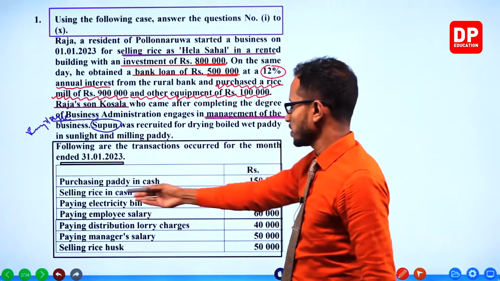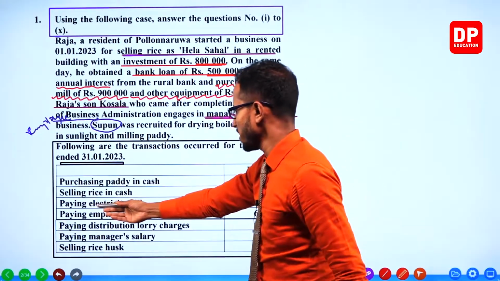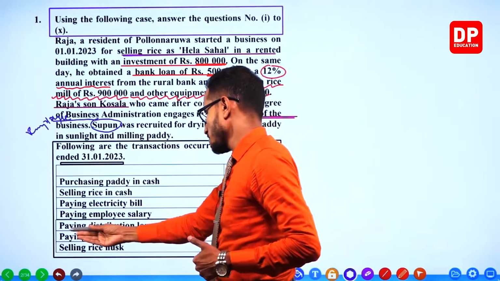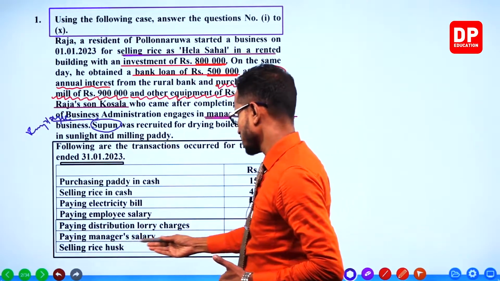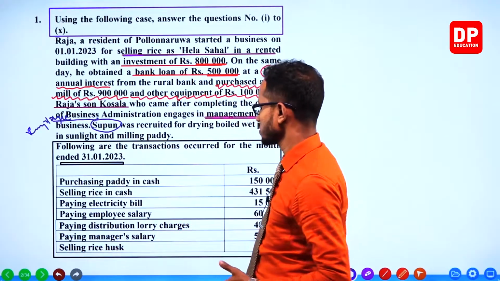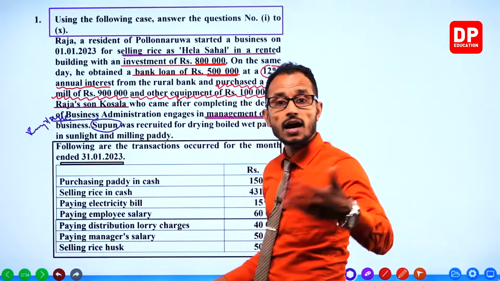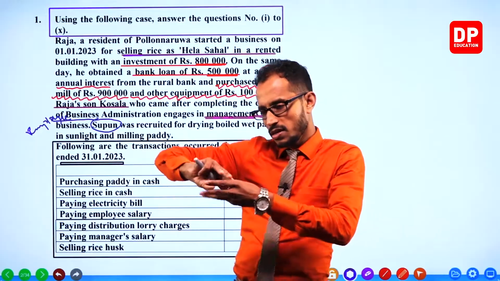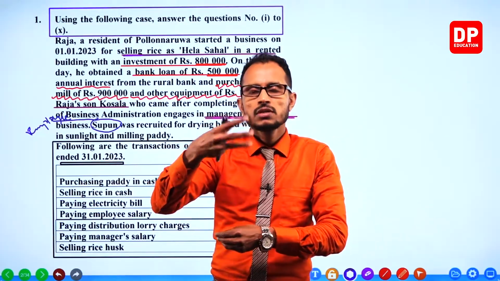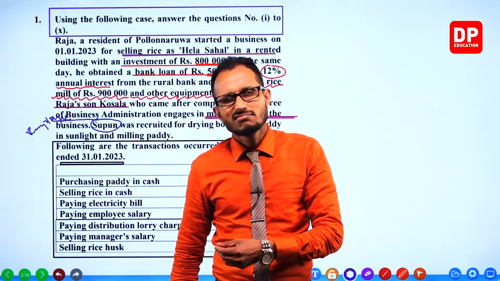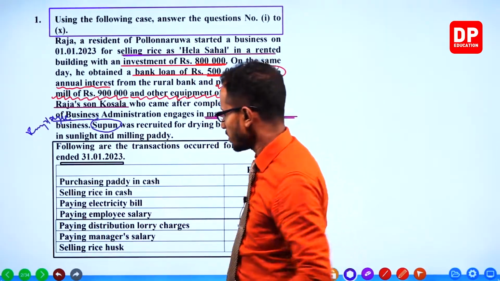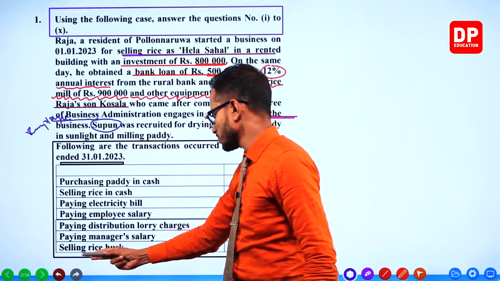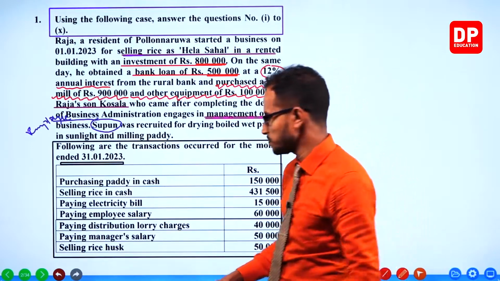Purchasing paddy, selling rice, paying electricity bills, paying employee salaries, paying distribution lorry, paying manager salary, paying rice husks. Oh no, selling rice husks. Rice husks means those you remove from the paddy, potta, that is called dahaya, no? I'm not sure. Something like that. They can sell rice husks for a small amount.